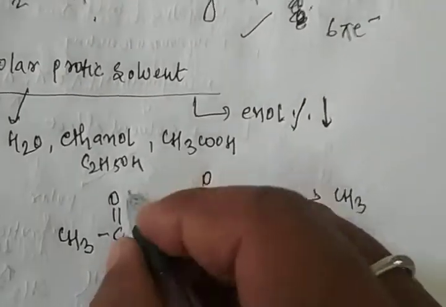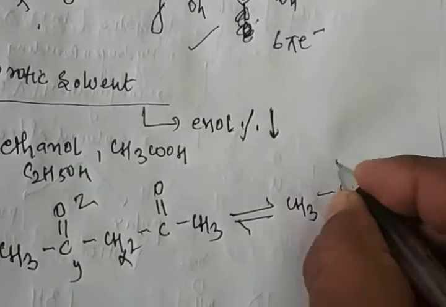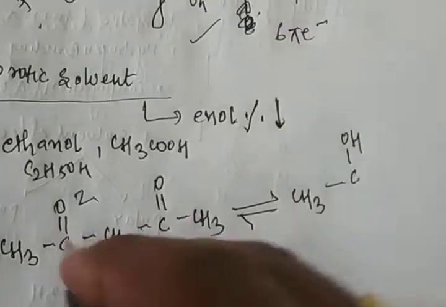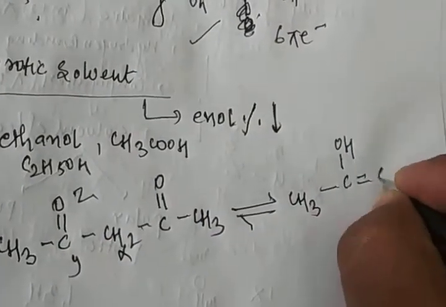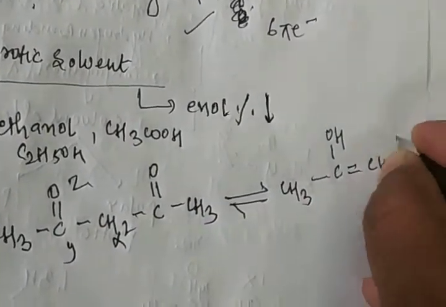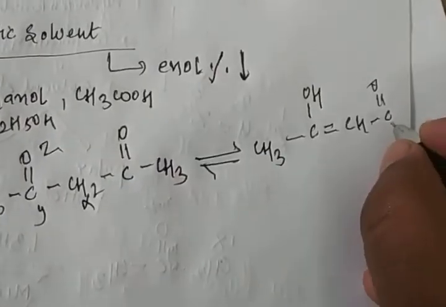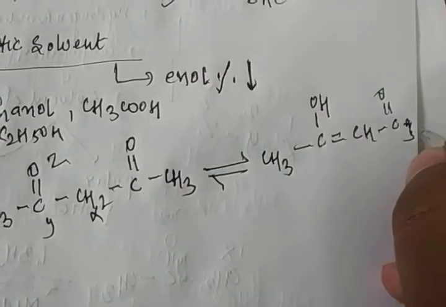So this hydrogen shifts to that side. So there is a CH3C and there is OH. And this double bond shifts to that side, CH, C double bond O, and there is a CH3 group.